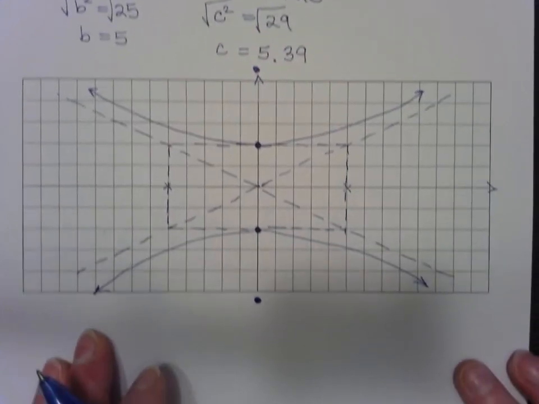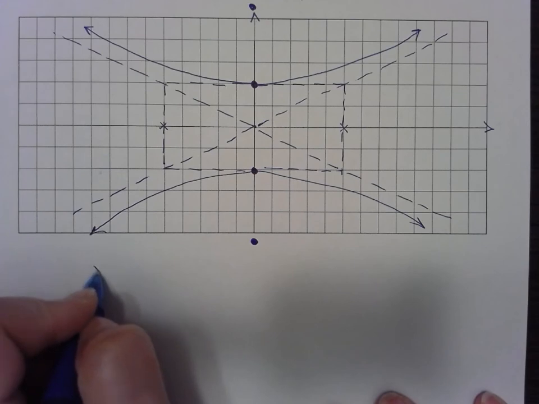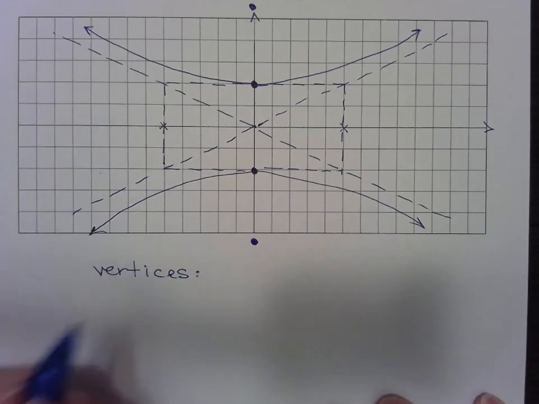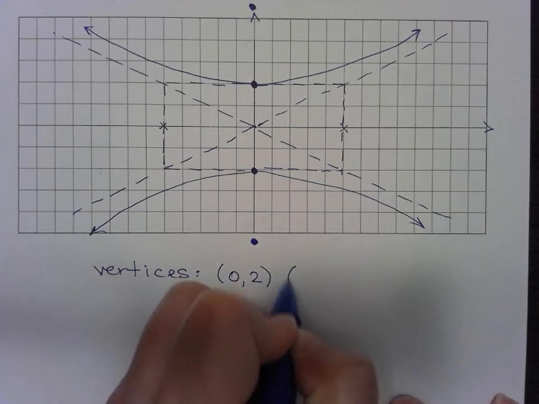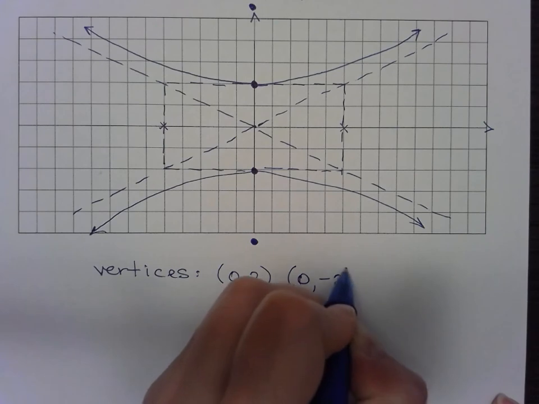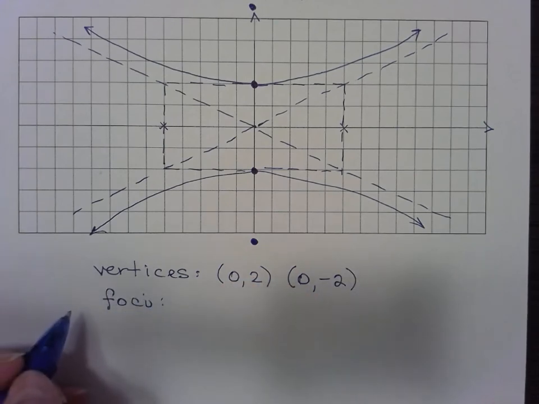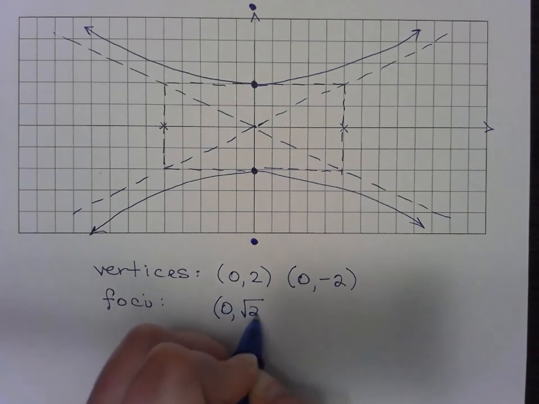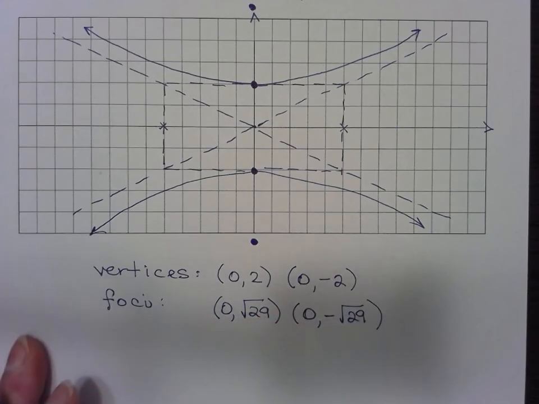Alright, so now let's list out some of these points. So the vertices are at 0, 2, and 0, -2. The foci are at 0, square root of 29, and 0, negative square root of 29.